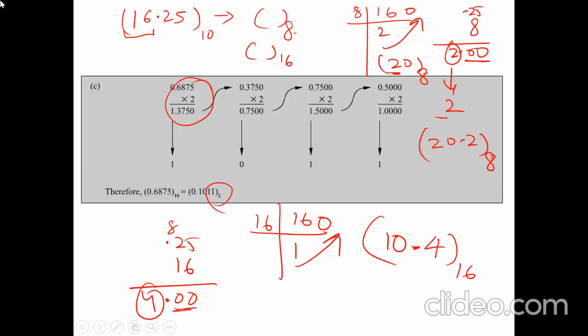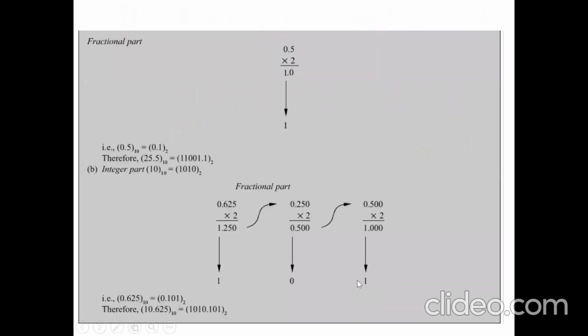After that, we can see how a base 8 number is converted to a binary number and base 16 to binary and vice versa, or we can say how we can convert base 8 to 16 and 16 to base 2.